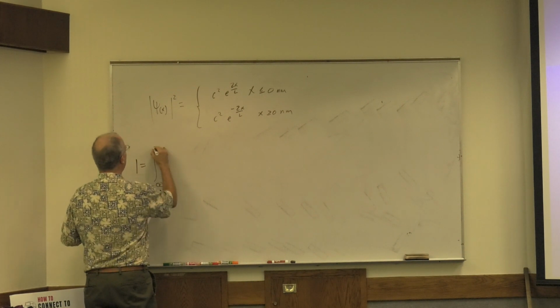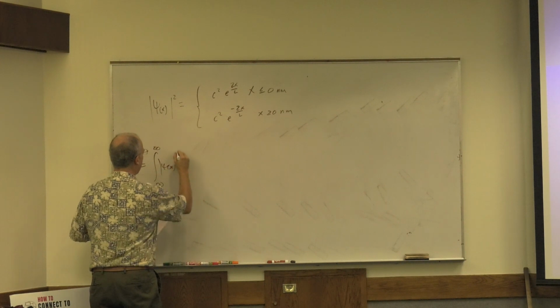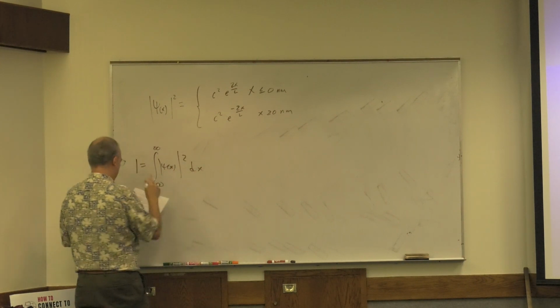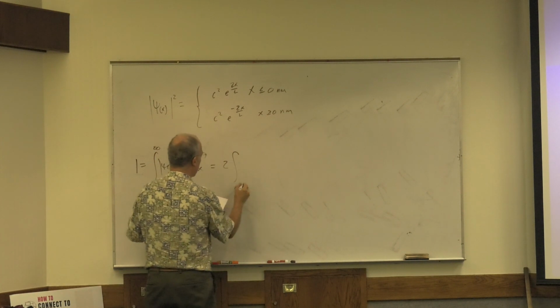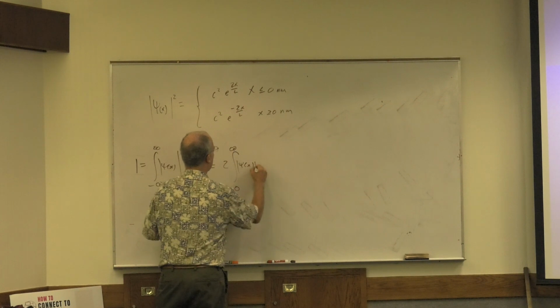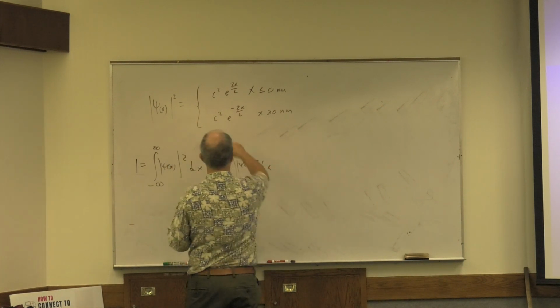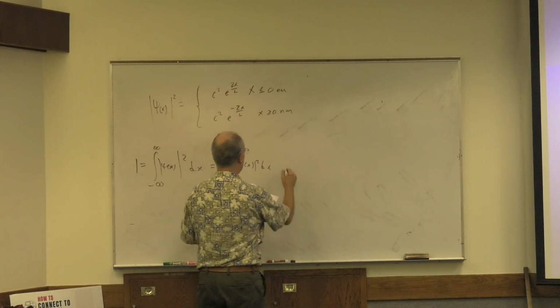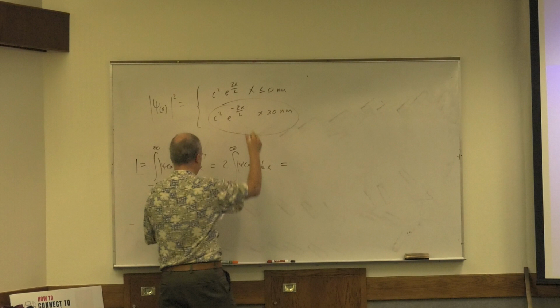The integral from minus infinity to infinity of psi of x squared dx equals 1. Well, what we have is 2 times the integral from 0 to infinity of psi of x squared dx. So we want to look at this, right?